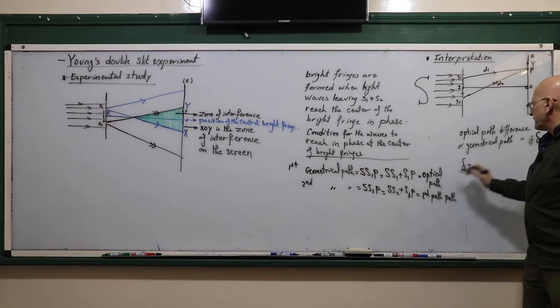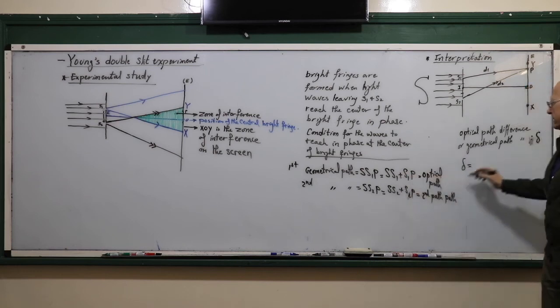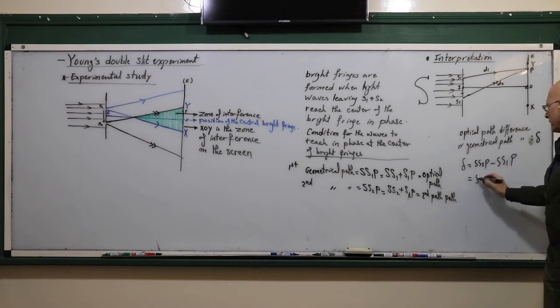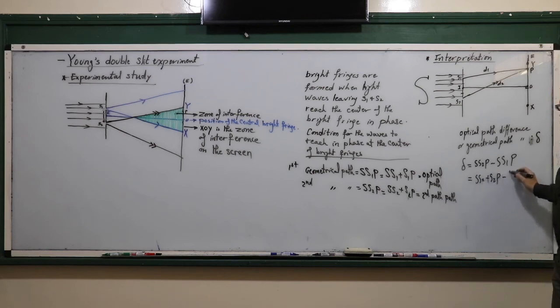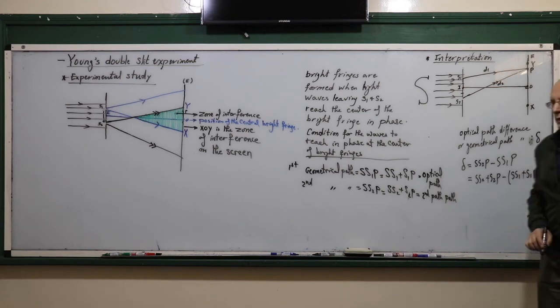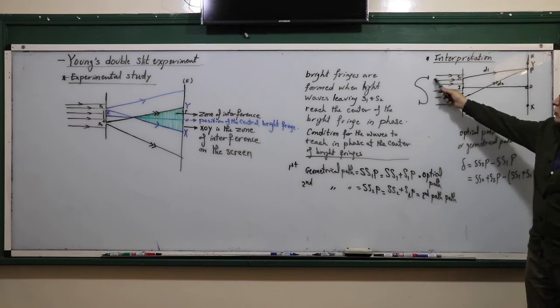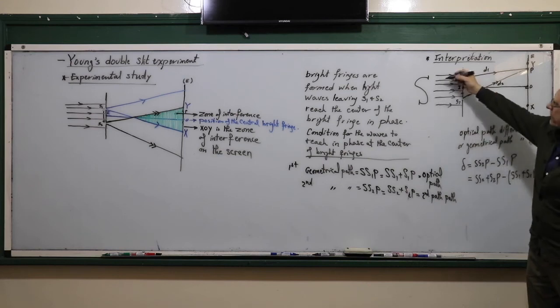Delta difference. So let us subtract this. S2P minus S1P, you get SS2 plus S2P minus SS1 plus S1P. Look here, SS2 is equal to SS1, okay?